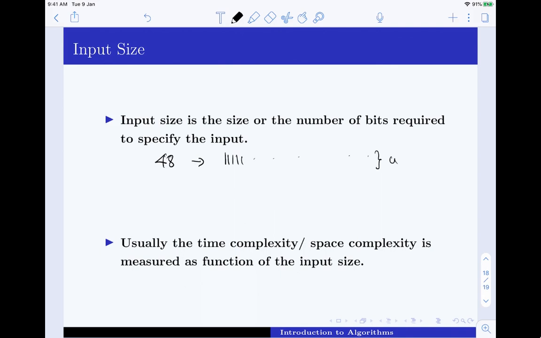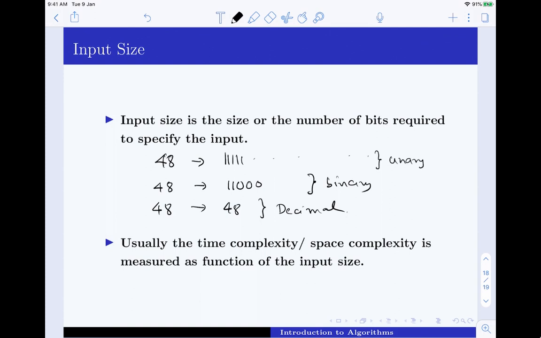So this is basically writing it in unary. Or you can write 48 as 110000. So this is in binary. Or one could have given this 48 as just 48. This is in decimal.